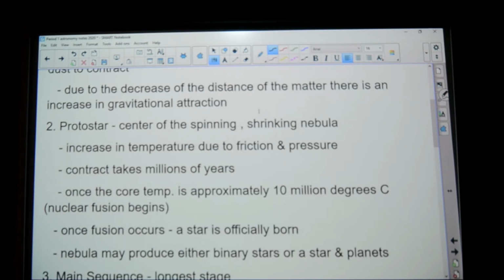Once the core gets to about 10 million degrees Celsius, nuclear fusion begins. Once nuclear fusion begins, the star is officially born. Now, reminder, fusion, I'm taking two atoms, a hydrogen and a hydrogen, and I'm putting them together to make something more dense. So hydrogen, hydrogen, put those together, I get helium.